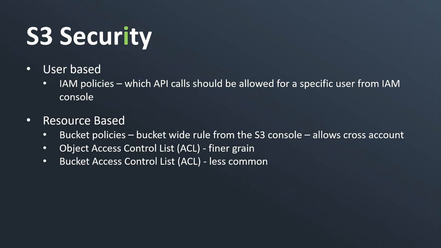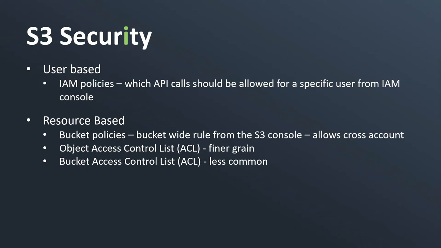We will do a very deep dive on S3 bucket policies in the hands-on. Then we have object ACL, which is finer grain, where we set the access rule at the object level. And then finally bucket ACL, even less common, and these two points don't really come up in the exam.